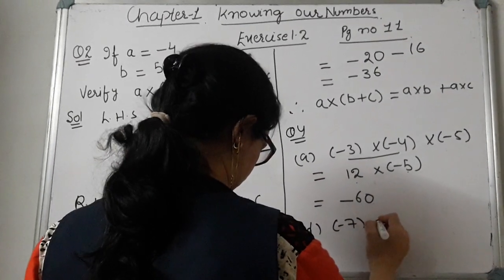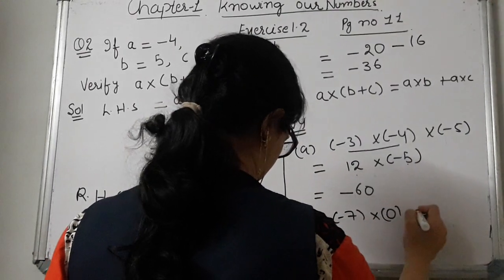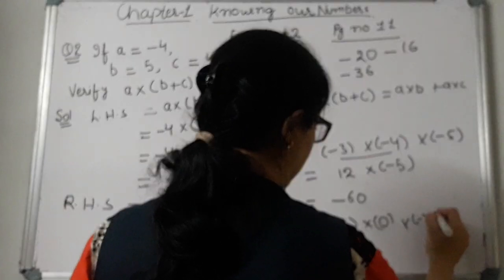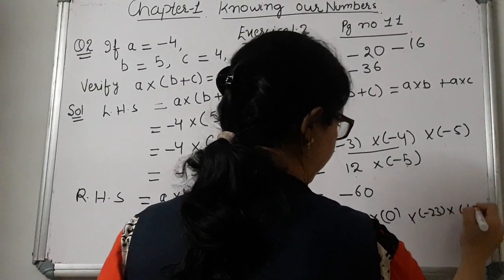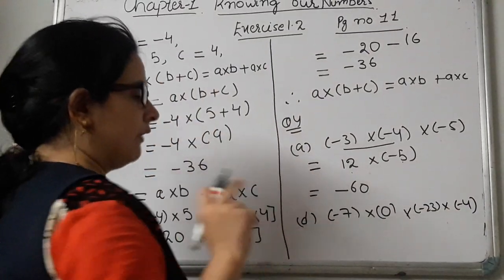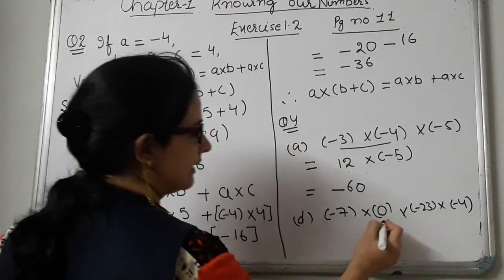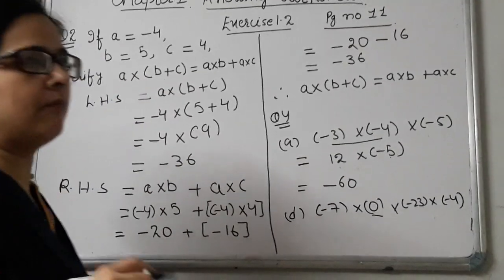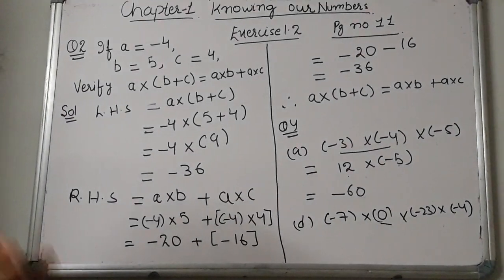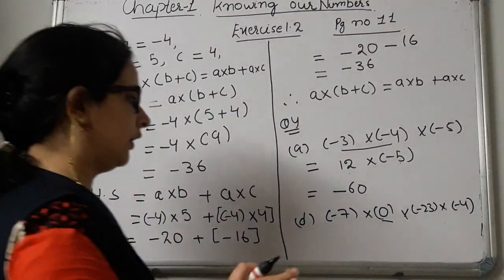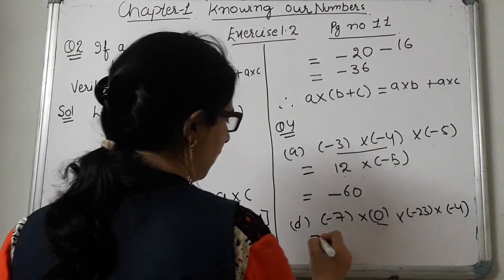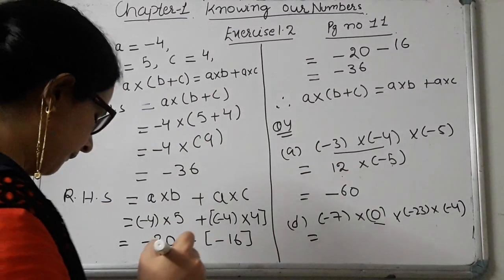-7 into 0 into -23 into -4. Now here you have to understand that there is a 0, and we know if we multiply any number with 0, the answer will be 0 only. So either we can write it directly or we can elaborate it.